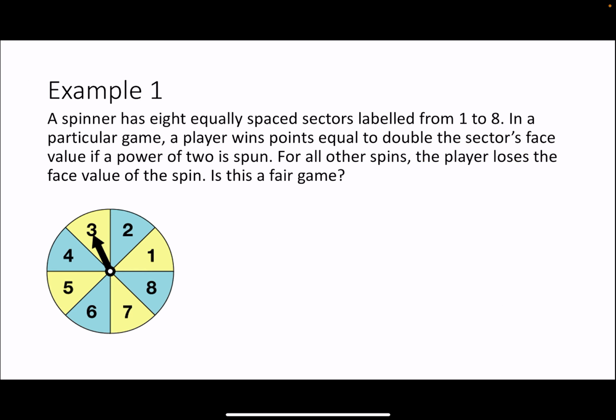Okay, so a spinner has 8, this is example 1, 8 equally spaced sectors labeled from 1 to 8. In a particular game, a player wins points equal to double the sector's face value if a power of 2 is spun. So power of 2 gives me 2 times face value.